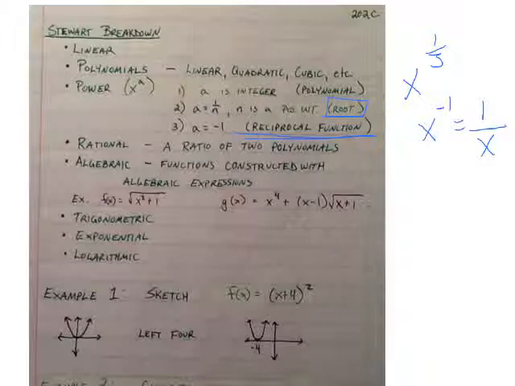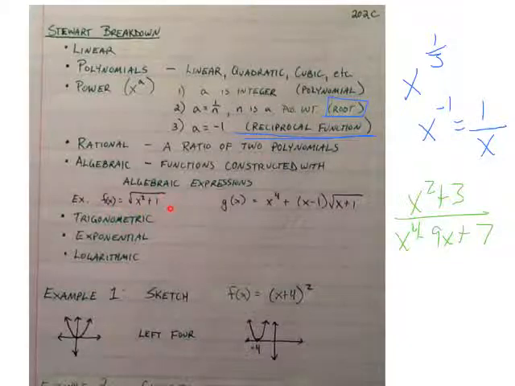So we also have rational functions, which are ratios of 2 polynomials, like x squared plus 3 divided by x to the 4th minus 9x plus 7. That's a rational function because it's a ratio of 2 polynomials. Algebraic functions are functions constructed with algebraic expressions, and this is easier to see by example, so I've provided 2 examples.